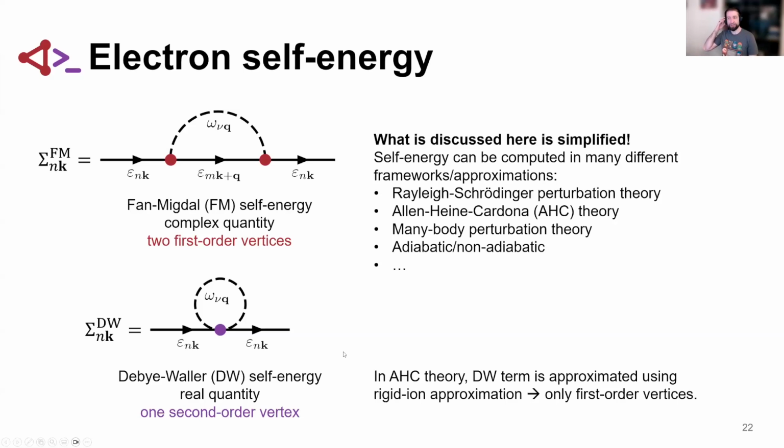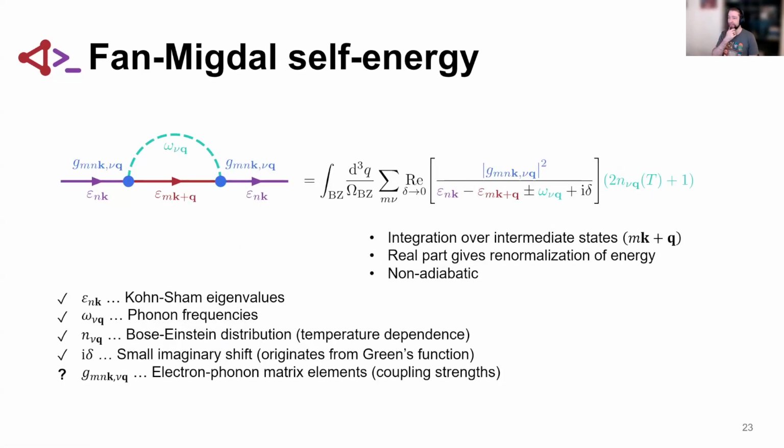Okay, so let's look in a bit more detail at this first Migdal diagram, what it looks like mathematically. And I tried to color code here the different contributions from all these pieces of the Feynman diagram as their mathematical equivalents here. So the first thing you notice is that the electronic energies as well as the phonon frequency all appear here in the denominator of this expression.